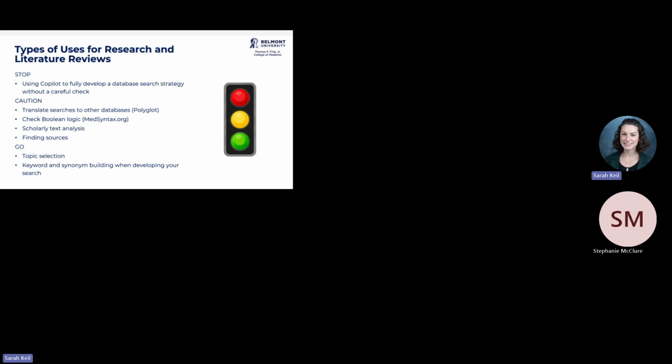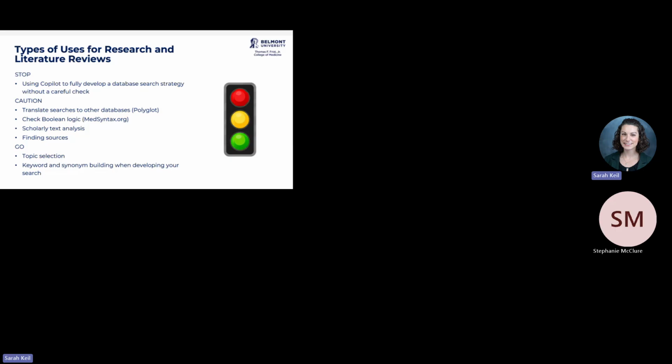So just to recap, there are some different ways that we can use Copilot for research and for literature reviews. In the library, we really do not recommend that you use Copilot to fully develop a database search strategy, but the library is here to assist with developing that search strategy.